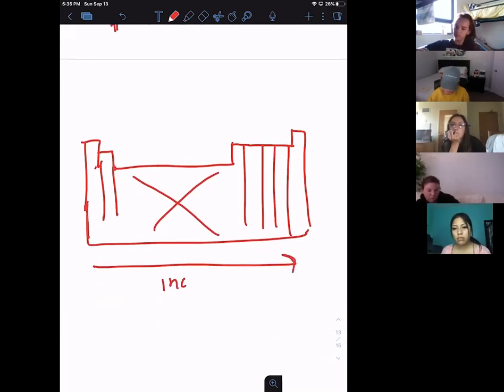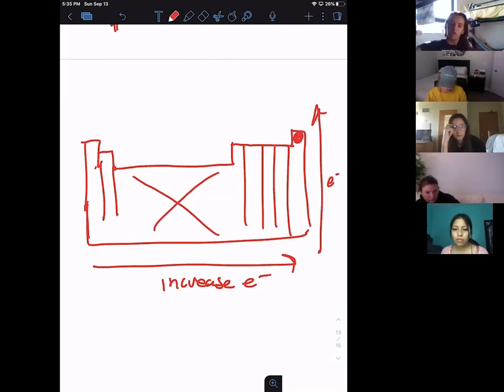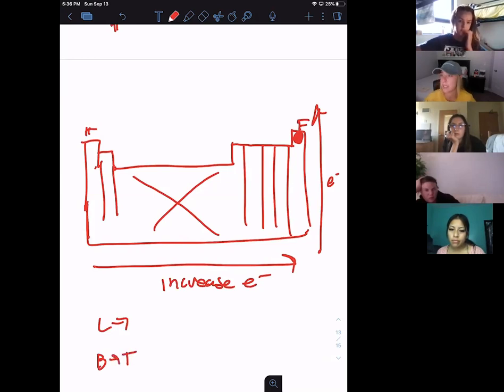This is the increase in electronegativity. Fluorine is very electronegative. Comparing, say, hydrogen and fluorine, fluorine is obviously more electronegative. So electronegativity increases from left to right and from bottom to top. That's how we increase in electronegativity.